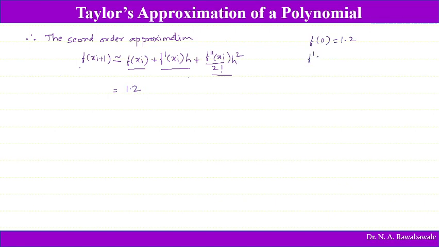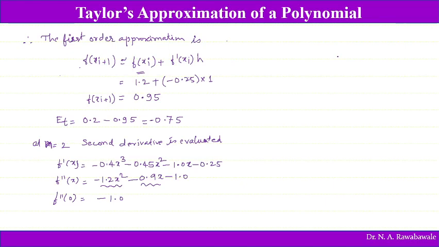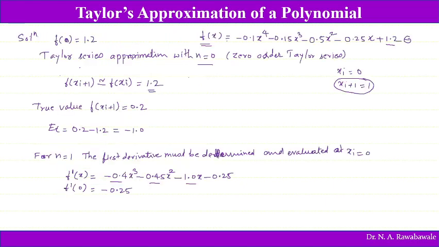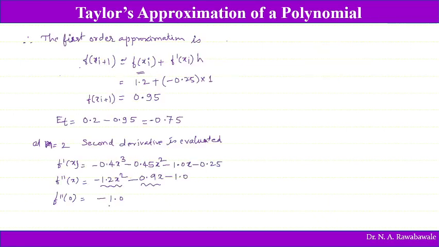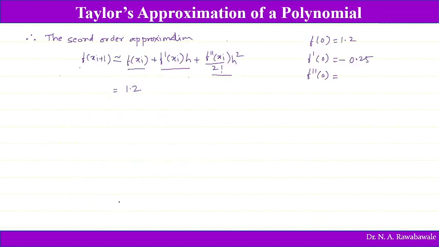Then f dash of 0 was minus 0.25, and f double dash of 0 we have seen here, it was minus 1.0.